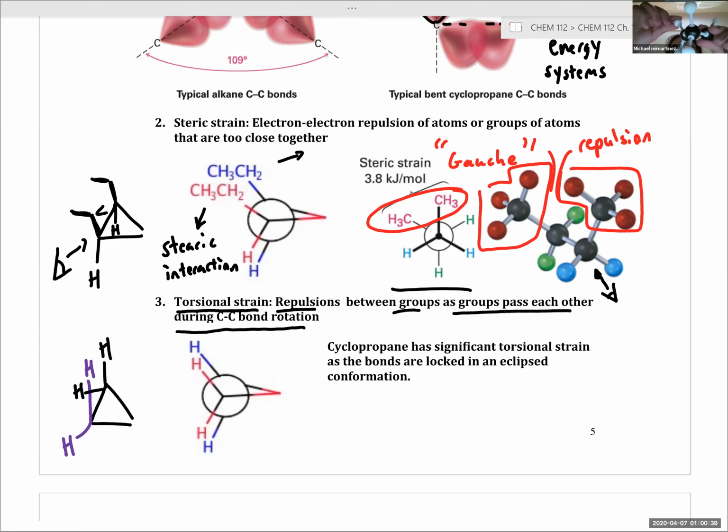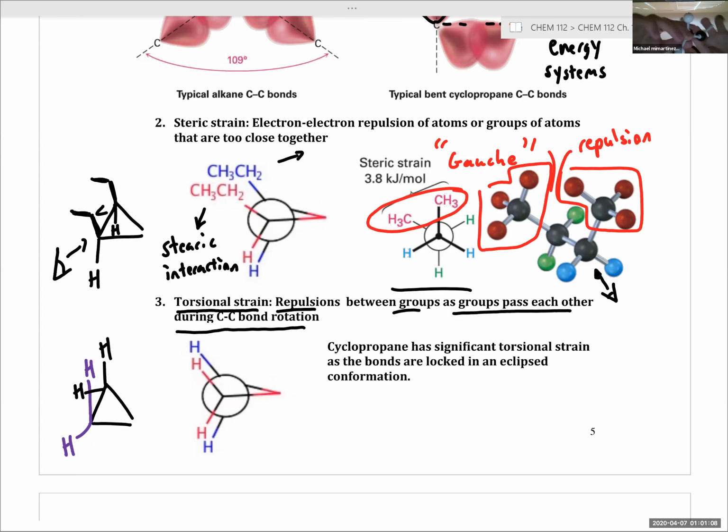Okay, perfect. So we're looking down our carbon-carbon bond, and we notice very quickly: are our hydrogens eclipsed in this situation, if we look down our carbon-carbon bond? Yep. And here's the kicker for cyclopropanes. No matter how much I try to rotate my bond, I'm stuck.